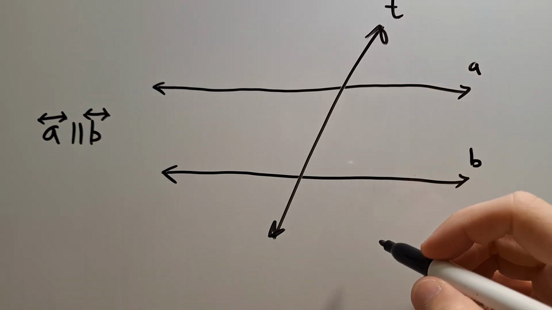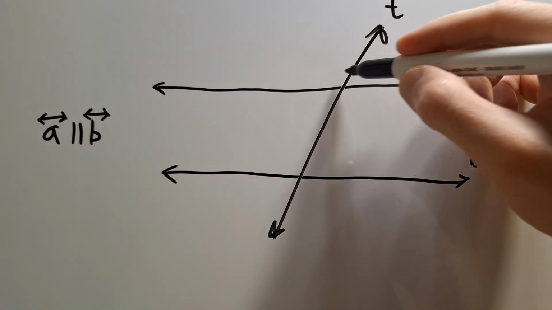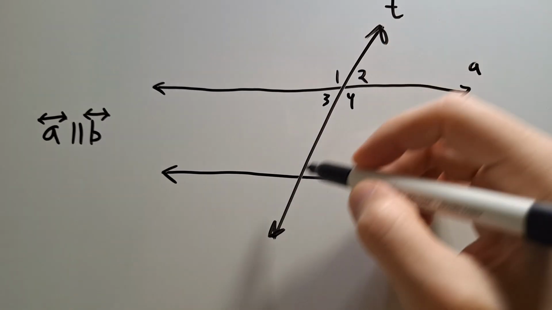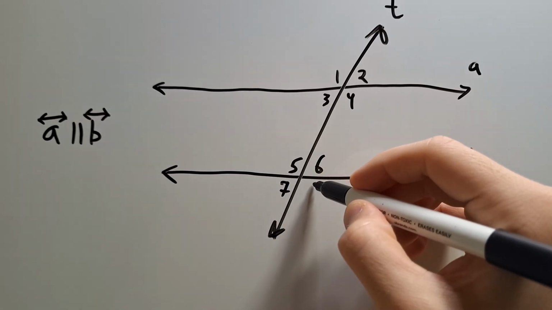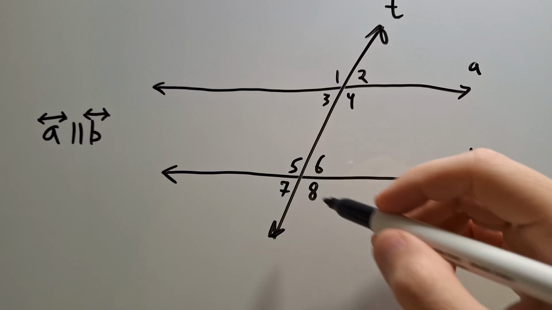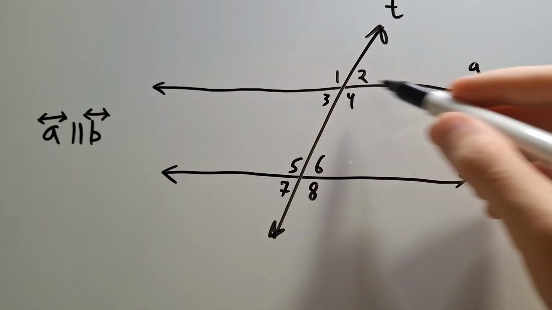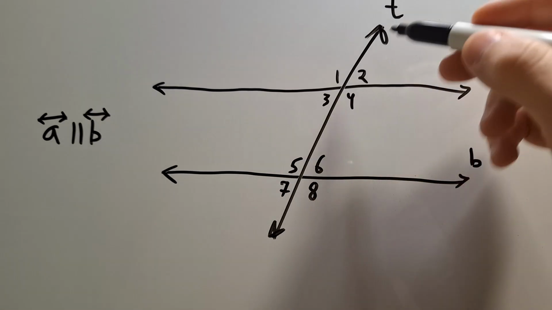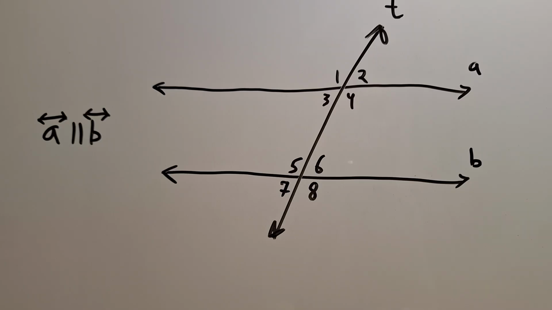When a transversal crosses two parallel lines, 8 angles are formed, and I will label them right here. First set of 4 here, next set of 4 here. So we have 8 angles in total when two parallel lines are cut by a transversal or crossed by a transversal here. So let's break this down step by step.